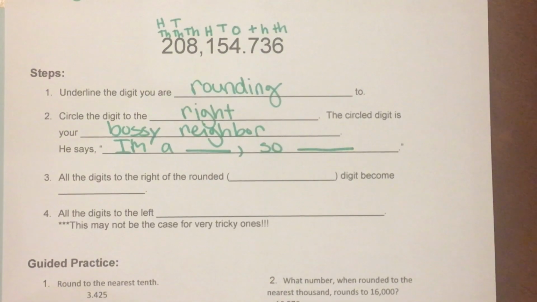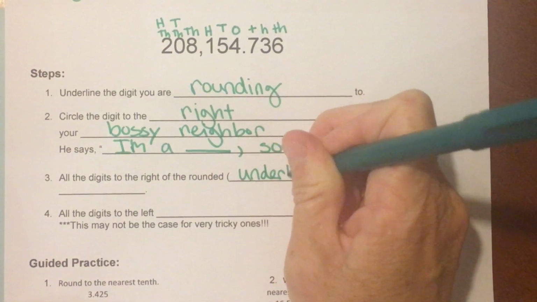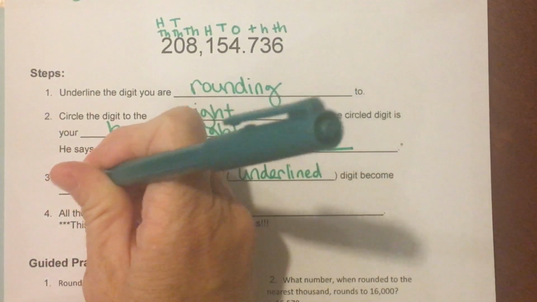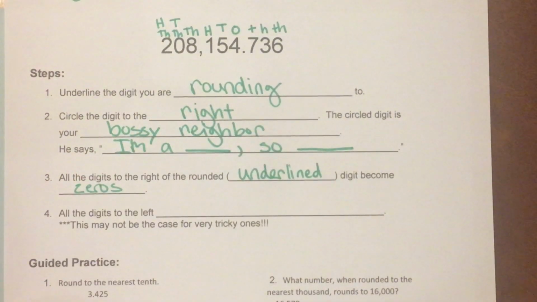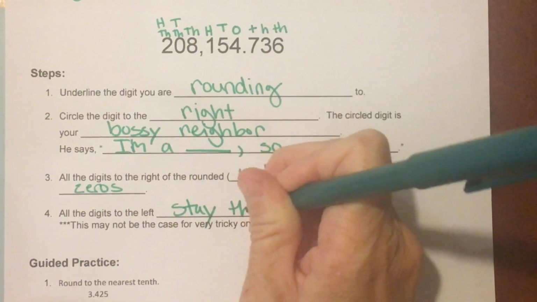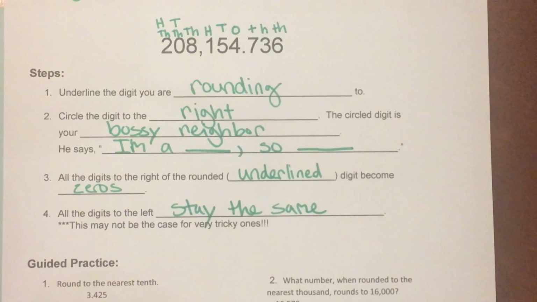Our next step is all the digits to the right of the rounded digit, which is our underlined digit, become zeros, and all the digits to the left stay the same. Now I did put a little note here that this may not always be the case for the very tricky ones, but usually all the digits to the left are going to stay the same.